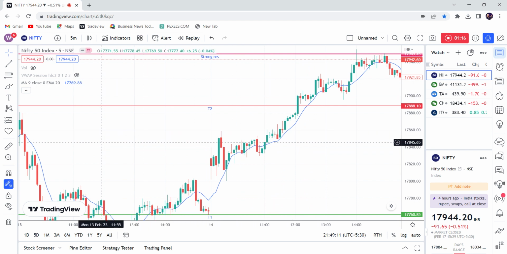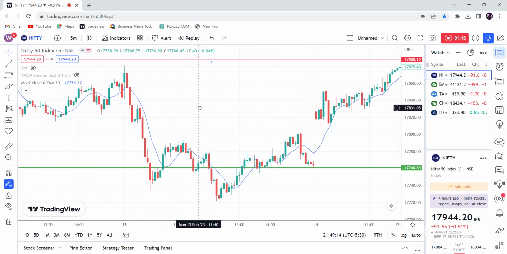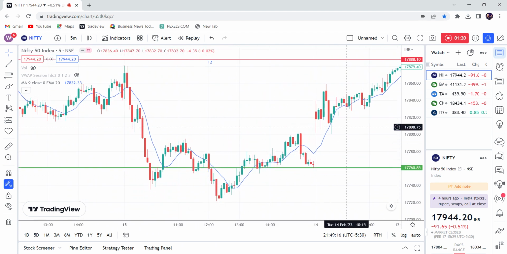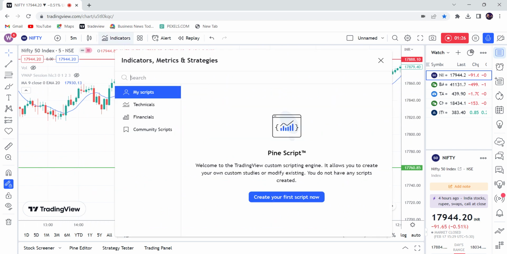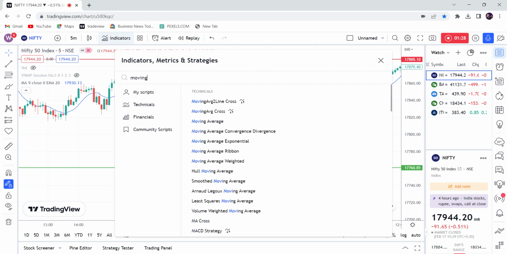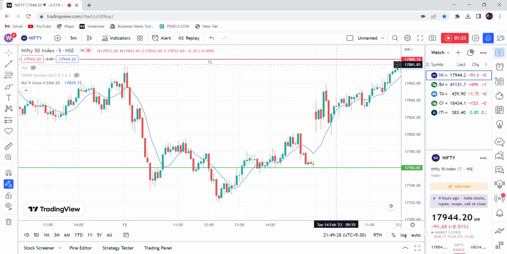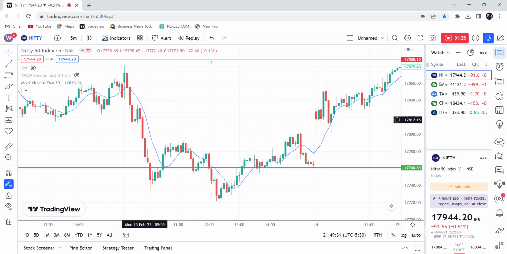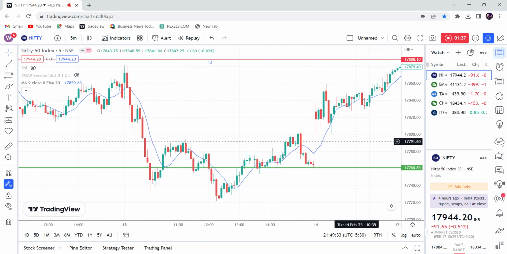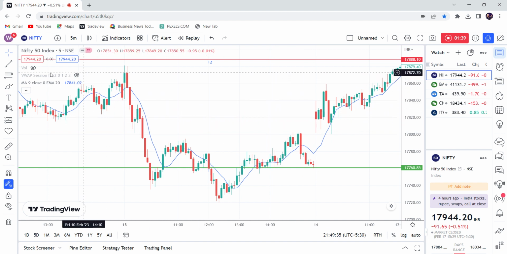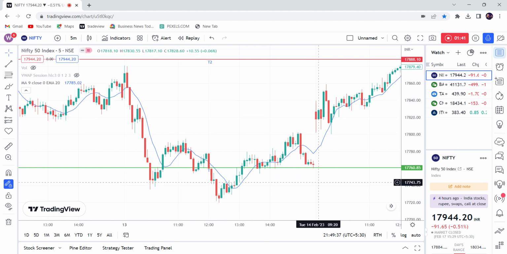This is the moving average, which is sloping here and there, within the blue line. You can search for it from here and add it. This is the 20 moving average. Once you add it to your chart, it will show like this.